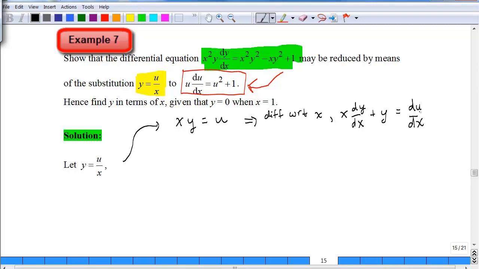Now the objective again is to get rid of the y in the original DE. This is the original DE. Change all the y to u.